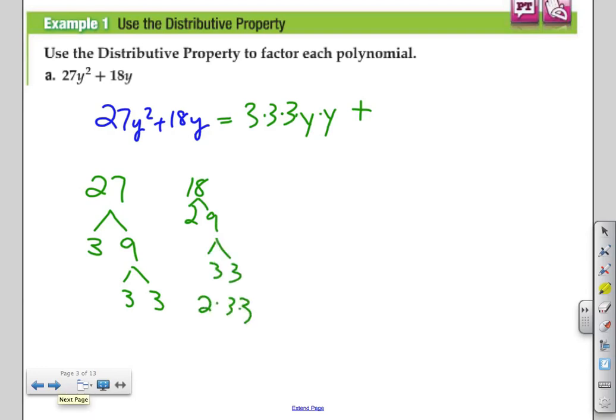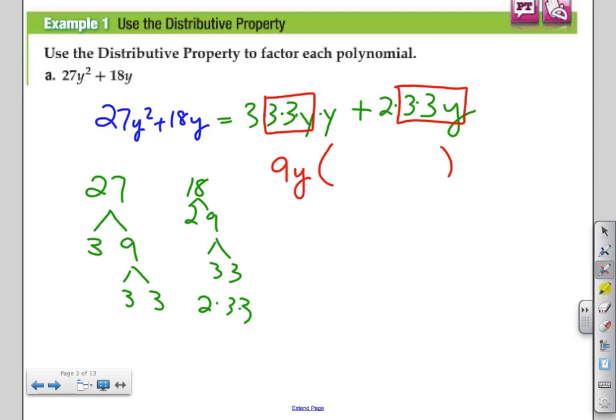So 18y would look like this: 2 times 3 times 3 times y. And then I could look at them and say, what do we have in common? We have 2 3's and a y here, and 2 3's and a y here. So 3 times 3 is 9y they both have in common. We can pull that out, and what do we have left? We have a 3 and a y plus a 2 and a y.